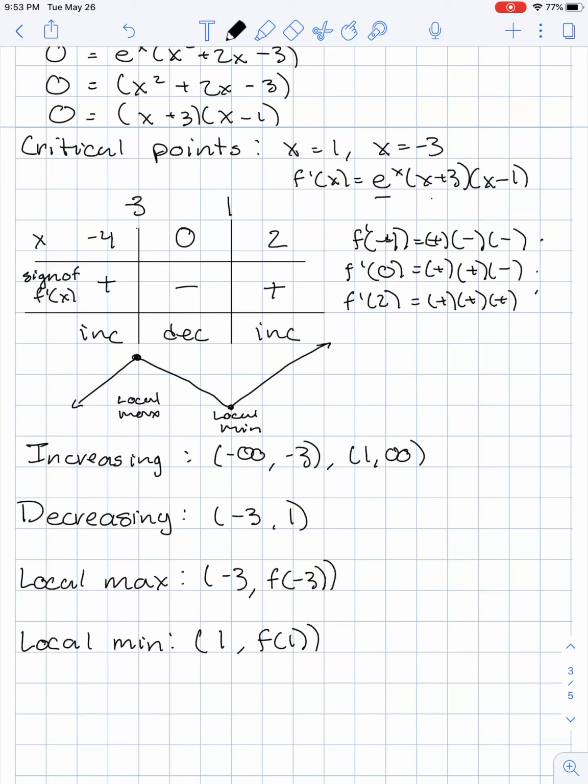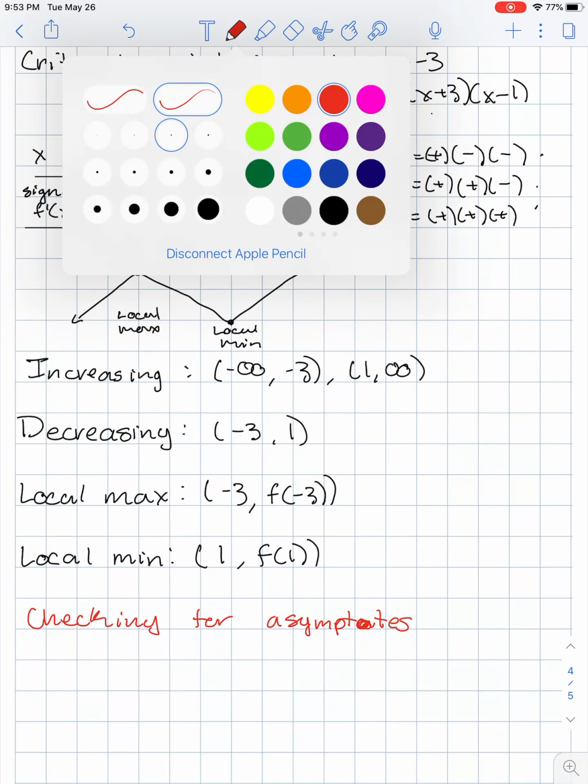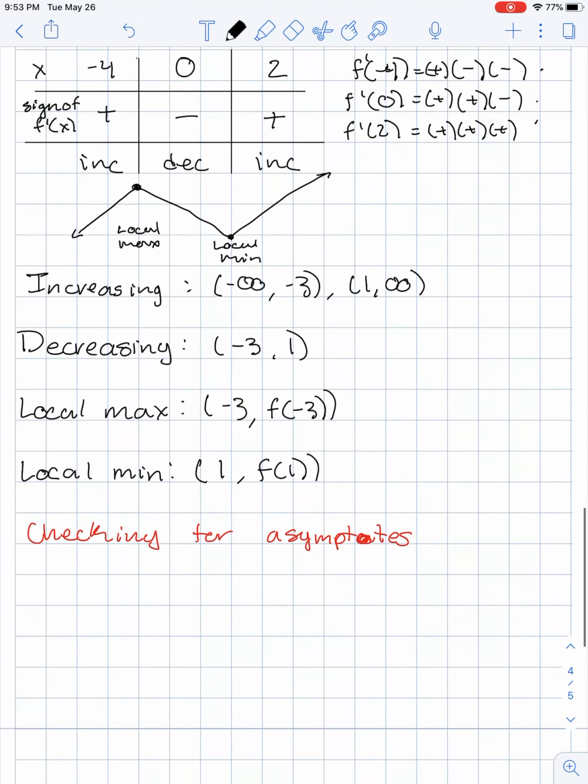But we can investigate that, and that'll tell us if there's any absolute maxes or mins. So I'm going to make a note that I'm checking for asymptotes. Specifically, horizontal ones.